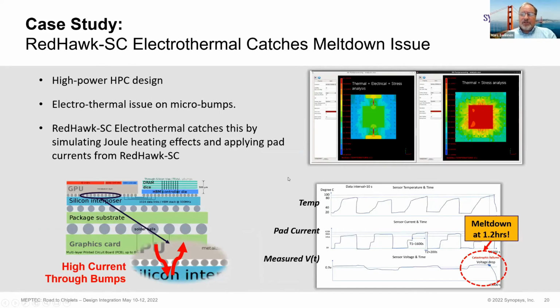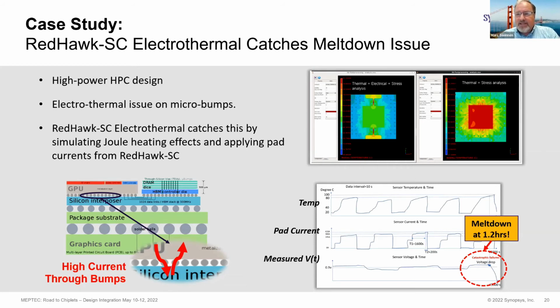Here we have some examples of real cases that we've been working with customers on, to give you an idea of the sort of things that we see with thermal and multi-physics analysis. This is a high-power HPC design, high-performance computing design, and we discovered an electrothermal problem with the microbumps. These microbumps were carrying current.